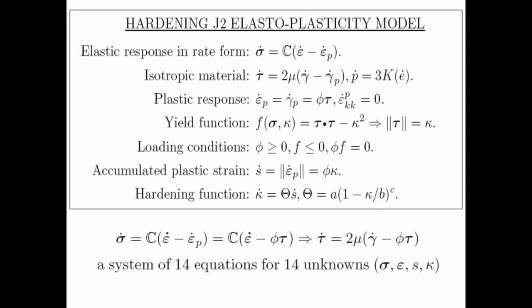The rest are all the same. If you notice, all we need to find out is the relationship between sigma dot and epsilon dot. Correct? But in order to do that, I will have to use all these equations. This will yield a system of 14 equations with 14 unknowns.